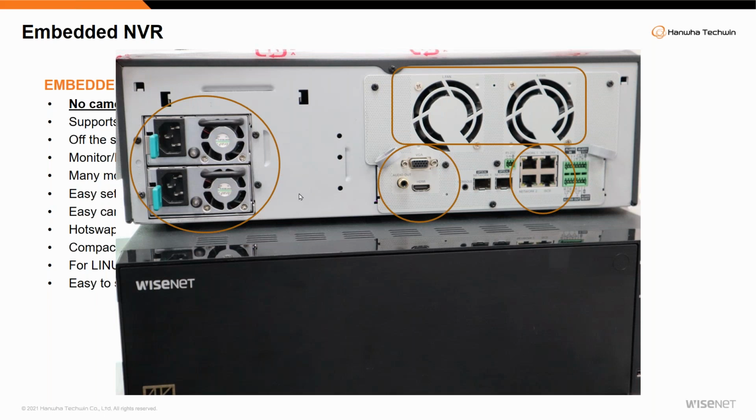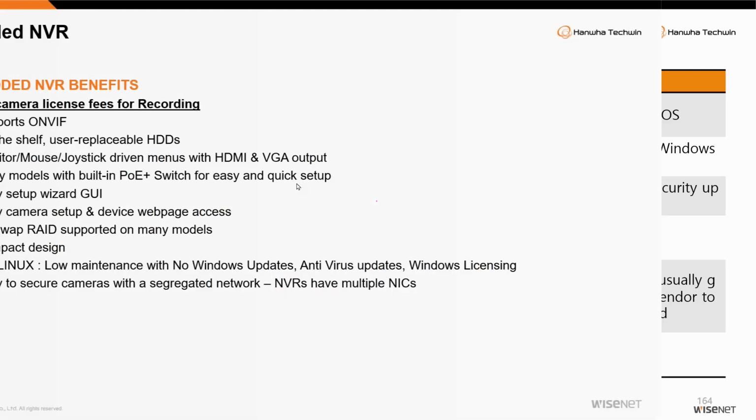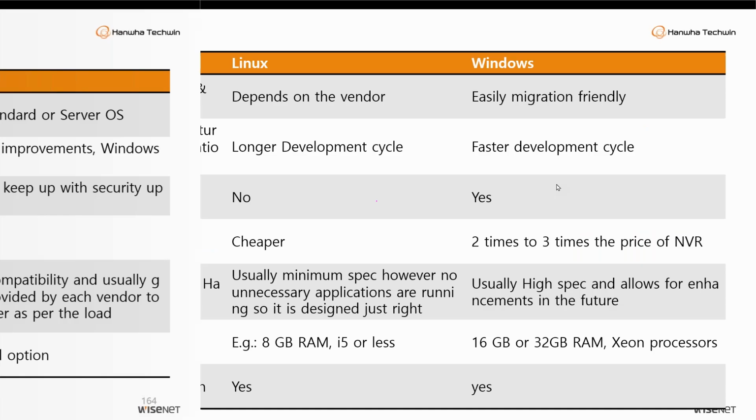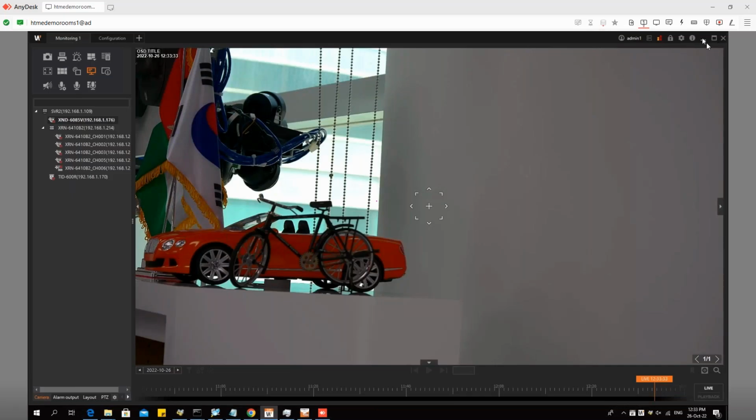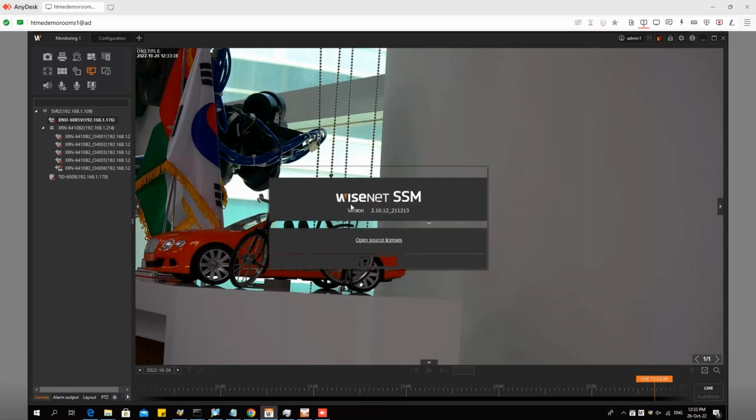Now to compensate for this, people use Windows. NVR is mostly Linux, proprietary. People use Windows. Why Windows? Because you can, let's say right now this is running, this is the VMS, Wisenet SSM VMS.